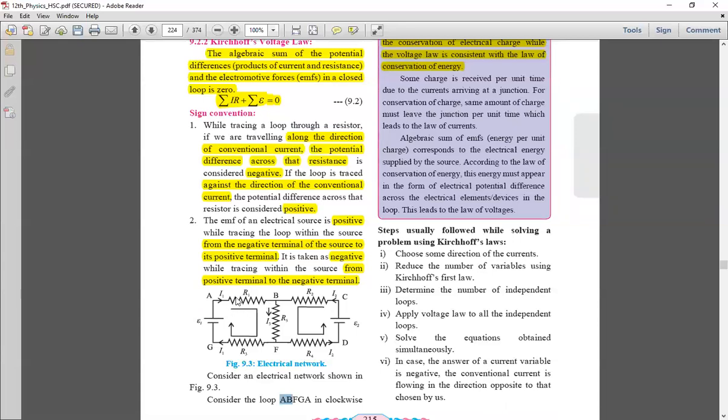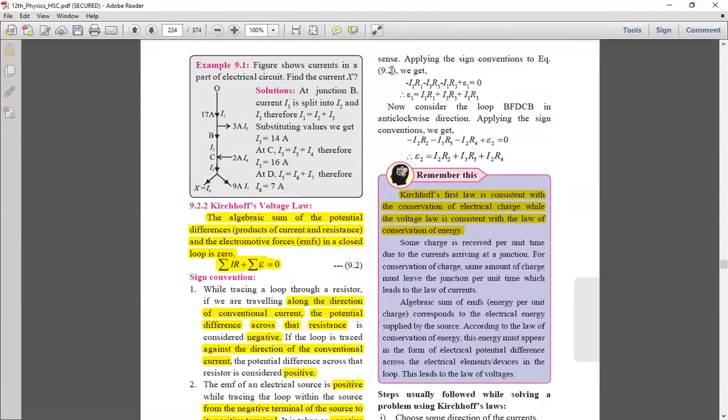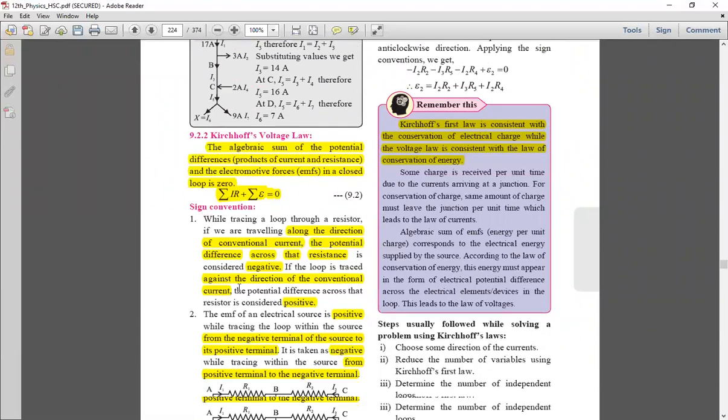Before applying the loop, just mark positive and negative signs. As current is moving from A to B, point A is positive, point B will be negative. So we are moving from positive to negative, and the potential difference across this resistance will come as minus I1 R1. So we have written minus I1 R1.